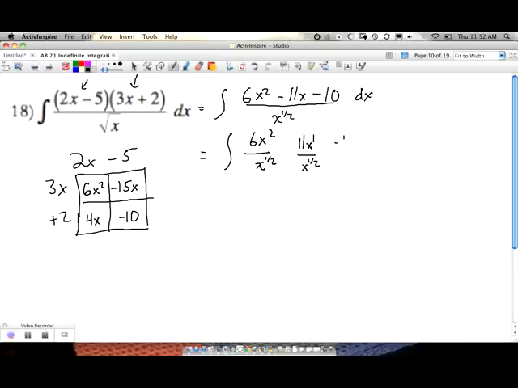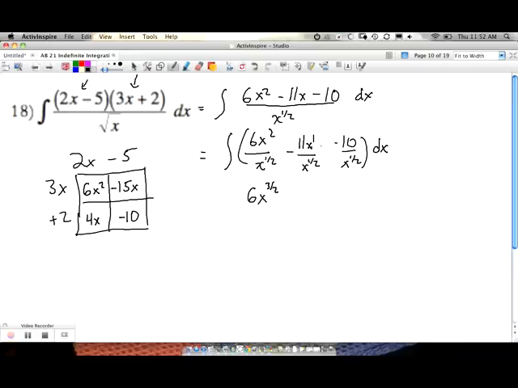Okay, so now we're at this point, we can start simplifying each term by combining those x's in the numerator and denominator, just making 1 to a power in the numerator. So this first one would be 6x to the 2 minus 1/2 is 3/2. The next one will be minus 11x to the 1/2. For the last one, we have minus 10. That x to the 1/2 in the denominator becomes x to the negative 1/2 in the numerator.